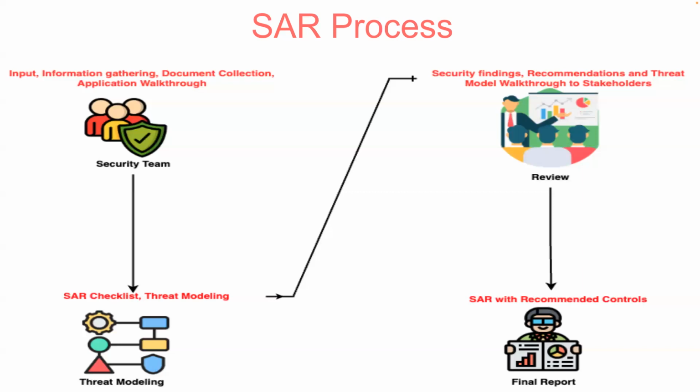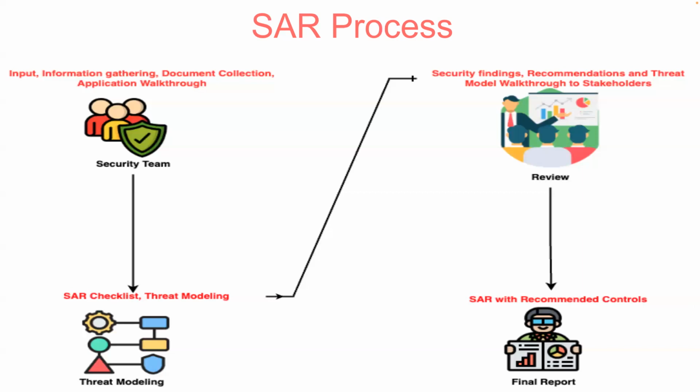This process will trigger once the security team is done with the previous step. Here the security team will design a security architecture review checklist and the threat models. You must be wondering what kind of questions must be in this checklist.